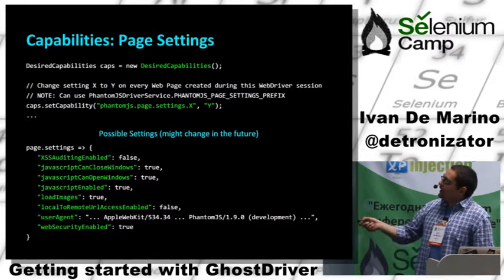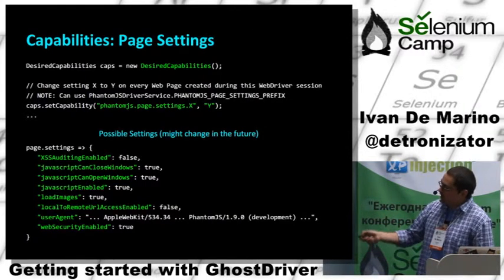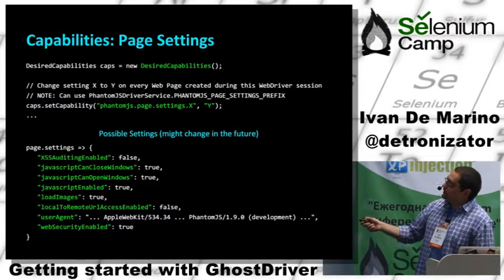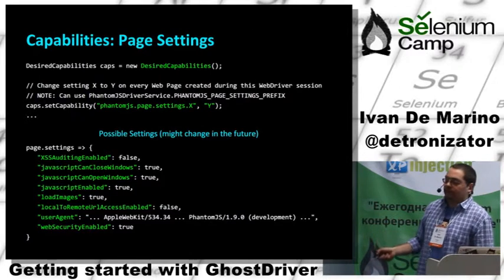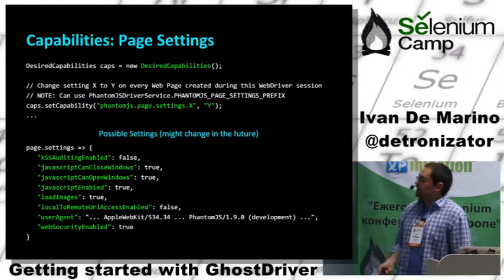So I added a couple of special capabilities that are PhantomJS specific. Whatever you set here instead of X, from all these possible values at the moment, you can define the value that you want to associate with it. And this will be applied to every page object or every session that you create within your test.